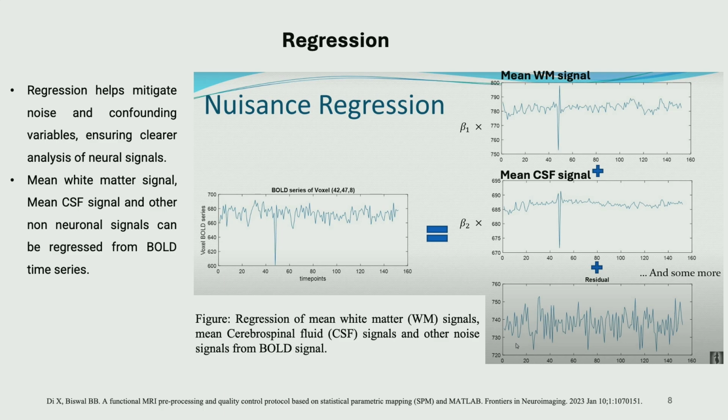Again, in movie watching, depending on the question that you are asking, you should use those signals as your noise regression or regression of interest. This is just an example.